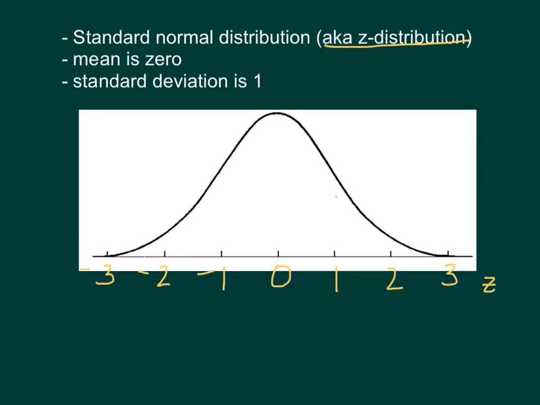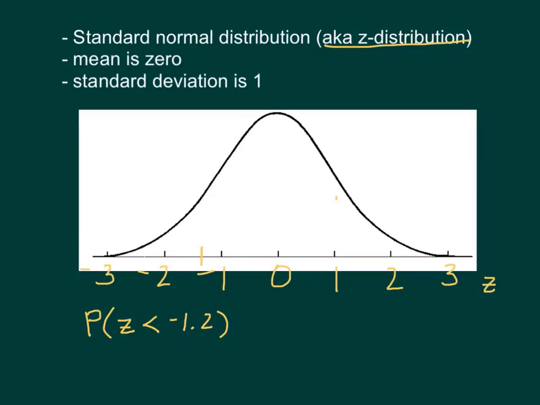And from here we could find the probabilities that Z is, say, less than negative 1.2. And if we do that, we just locate where negative 1.2 would be. It's going to be between negative 1 and negative 2, closer to negative 1.